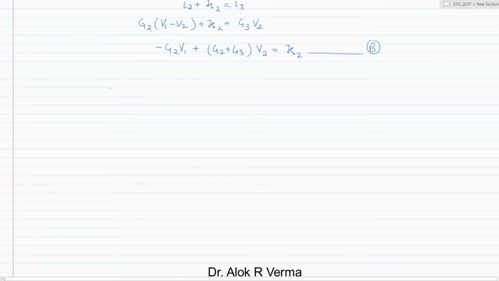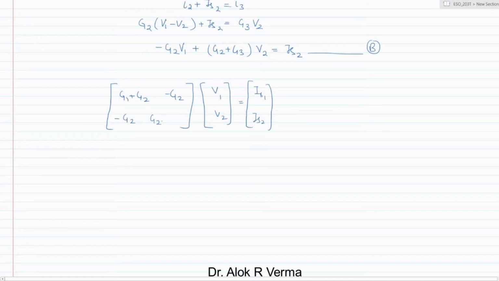So from A and B, if we write the equation in terms of matrix, we can write unknown variables as V1 and V2 for the two nodes, and then we can write the equation as IS1, IS2, and this is the G matrix: G1 plus G2, minus G2, minus G2, G2 plus G3. So basically this is a G matrix and this is V matrix and this is I.